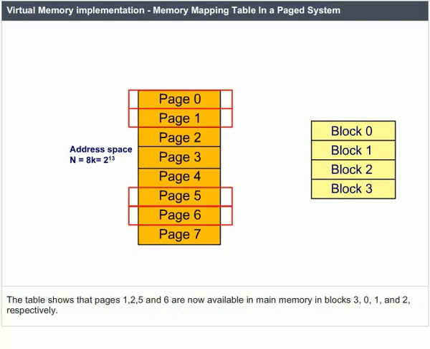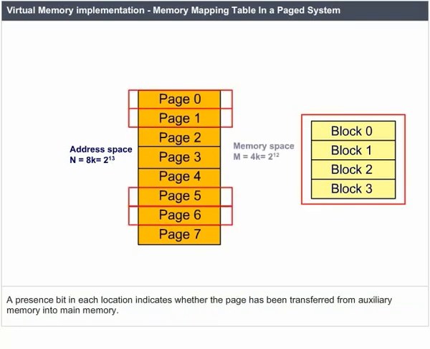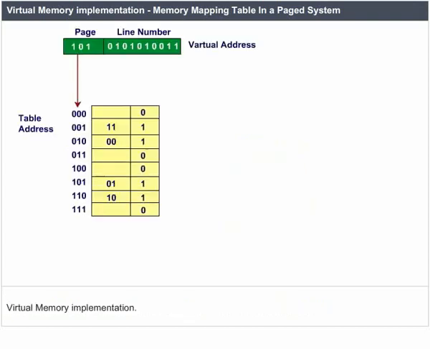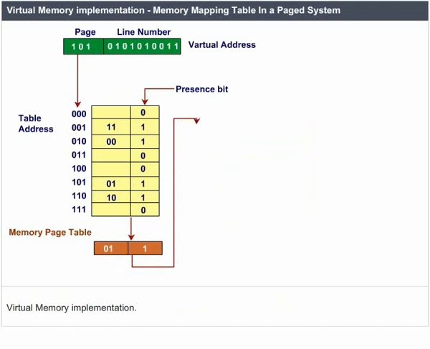The table shows that pages 1, 2, 5 and 6 are now available in main memory in blocks 3, 0, 1 and 2 respectively. A presence bit in each location indicates whether the page has been transferred from auxiliary memory into main memory. A 0 in the presence bit indicates that this page is not available in main memory.